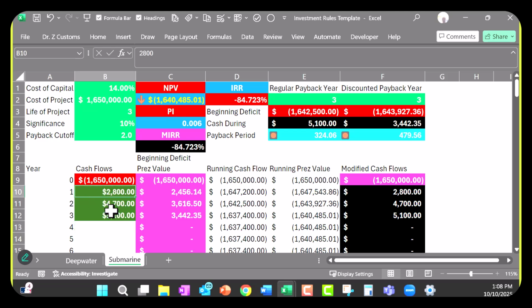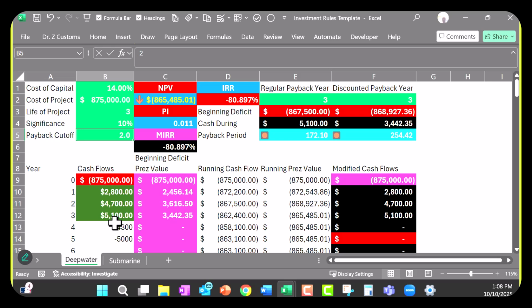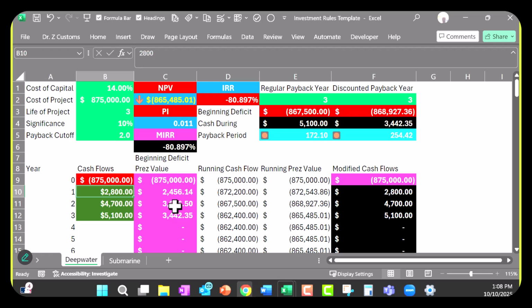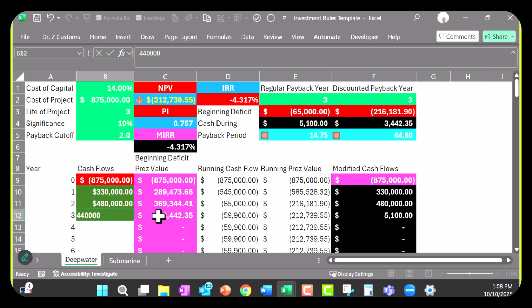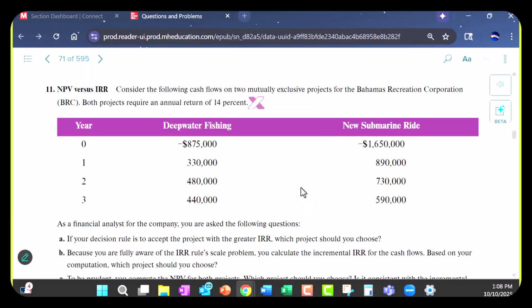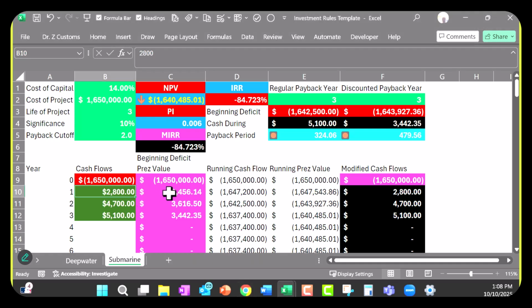These dark green cells are the cells where I'm going to enter the inputs, the future cash flows. So for the Deepwater, that's 330, 480, 440. For the submarine, 890, 730, 590.